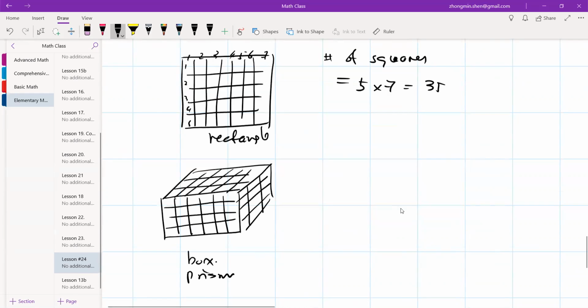Each of them is a unit cube. So how many cubes? This is like the area, but in three dimensions. So the number of cubes. How do you do that?